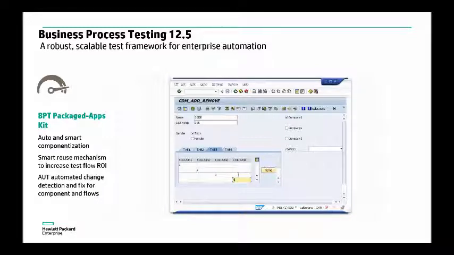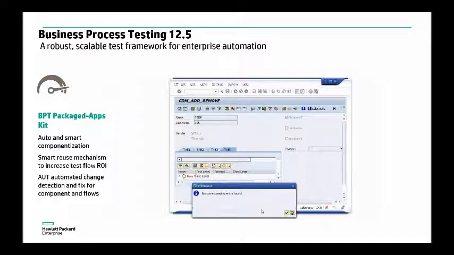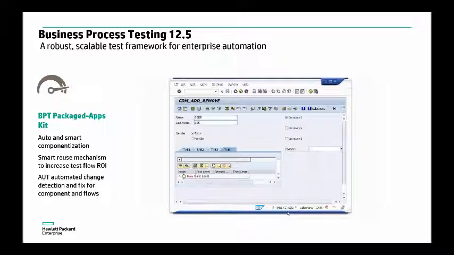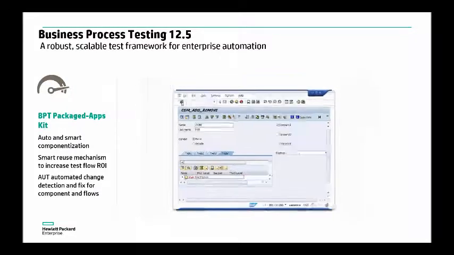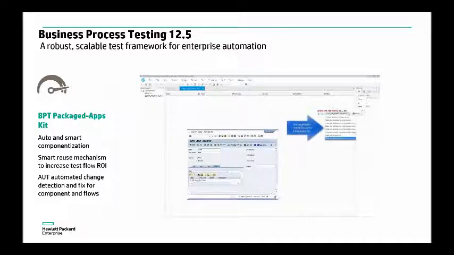And if we take notice that I actually switch between different tabs and open another dialog, what the engine did behind the scenes is actually to fragment those into different components, because it identified that I switch between different screens. So those are the captured components.